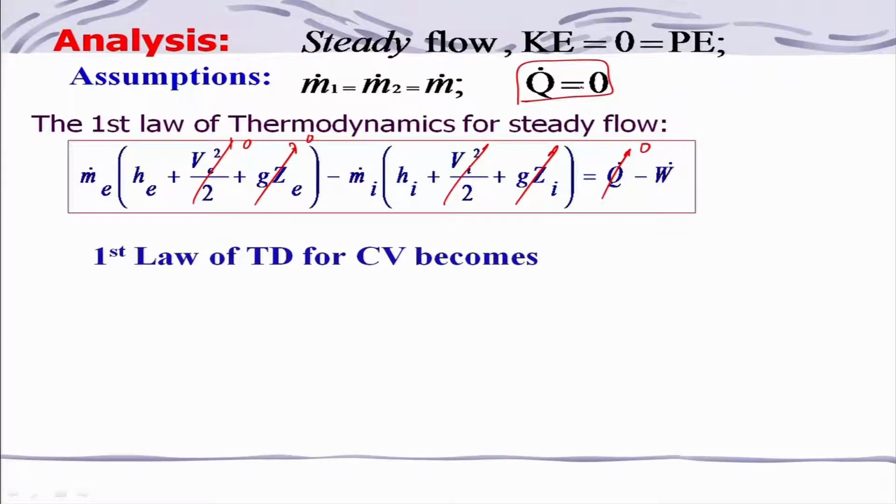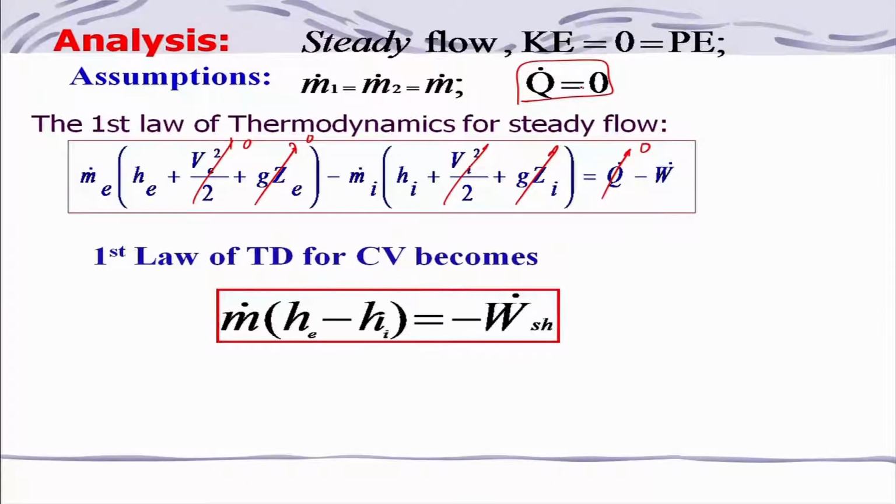Then we can write the expression as m dot (h_e minus h_i), because we have seen m dot 1 is equal to m dot 2 is equal to m dot. Keep in mind that I am using 1 and 2 corresponding to inlet and exit. Therefore, it gives the work. This is the equation for either compressor or turbine.